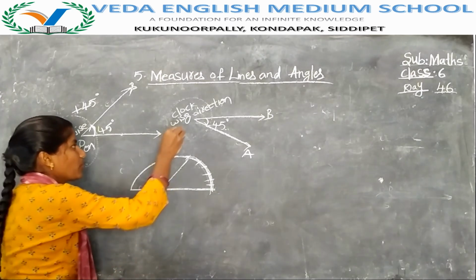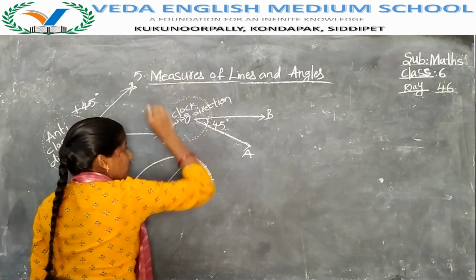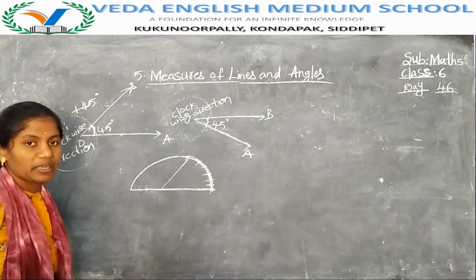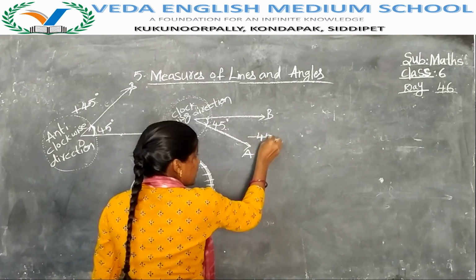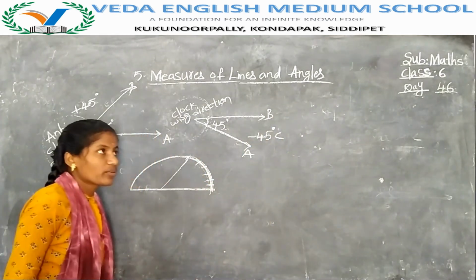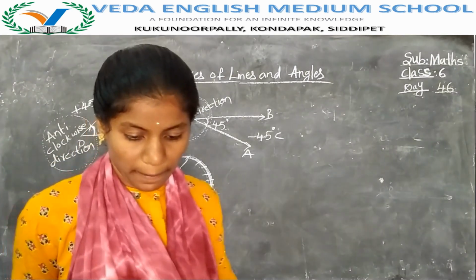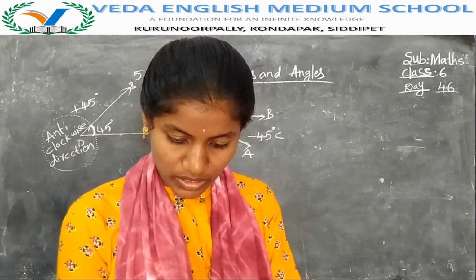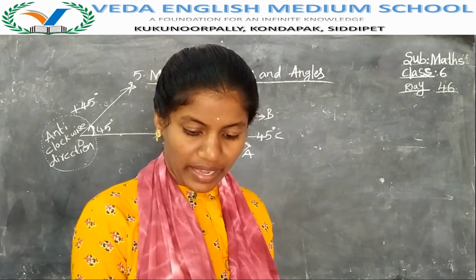Next, now here this angle is moving in clockwise direction. Clockwise directions are represented by minus 45 degrees. That means we have to read this as negative 45 degrees. The direction of the hands of a clock is called clockwise.